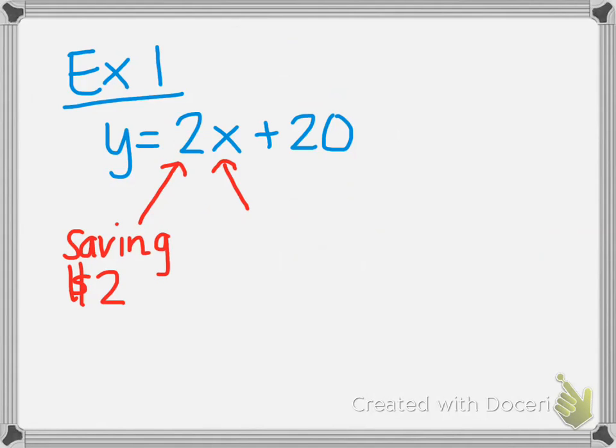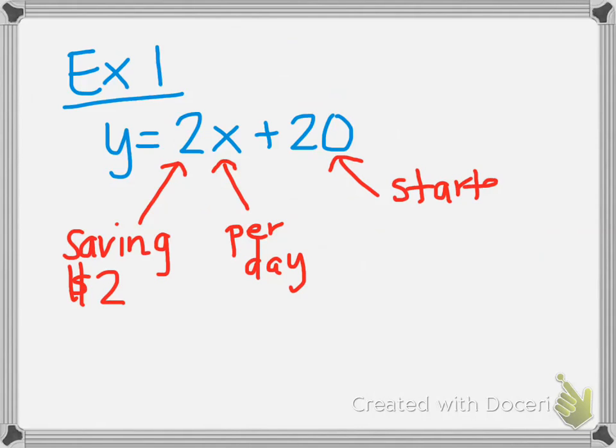The x represents per day. And the 20 was what she started with. So she's saving $2 a day and she started out with $20.